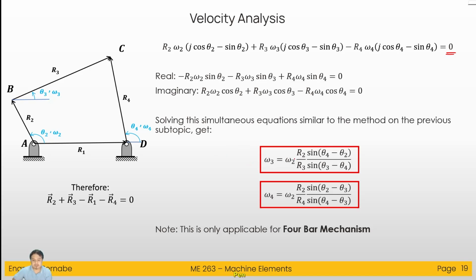Given you know the omega 2, the angular velocity of link 2, and also the lengths, of course, and the angles theta 2, theta 3, and theta 4, then you can solve for the instantaneous angular velocity omega 3. So in order to find the angular velocities, you need to first find theta 3 and theta 4.